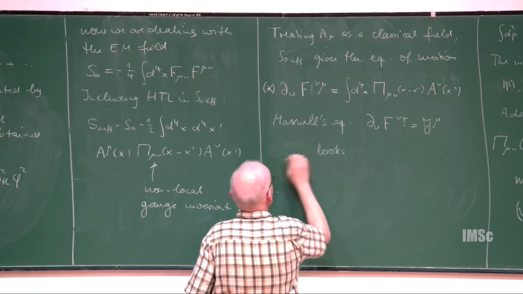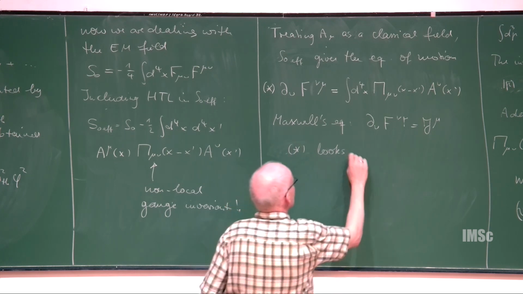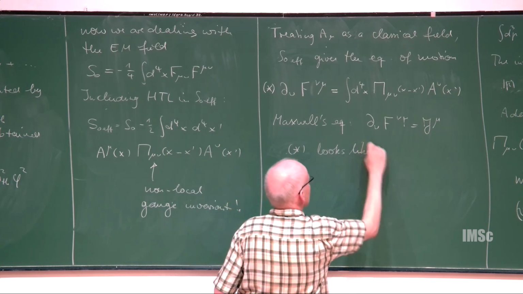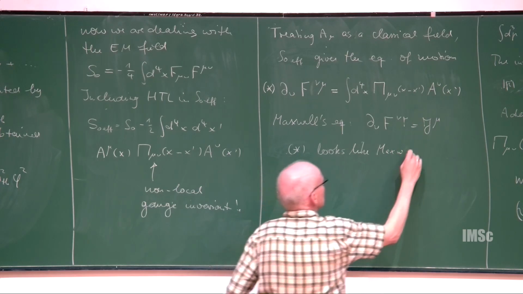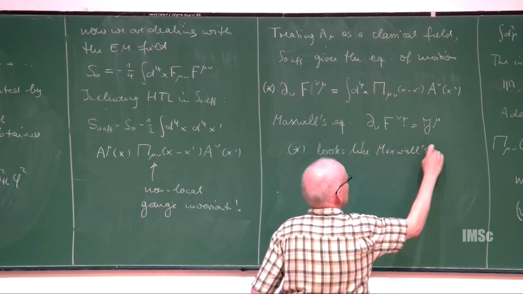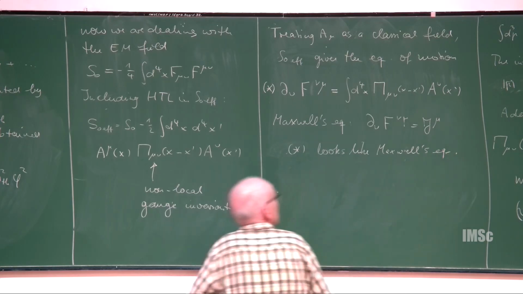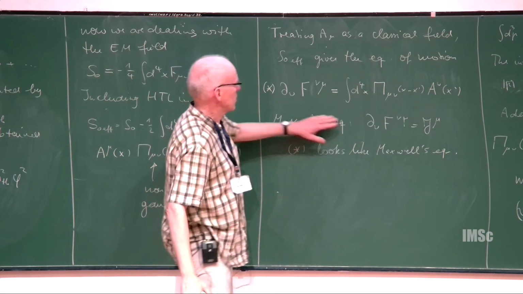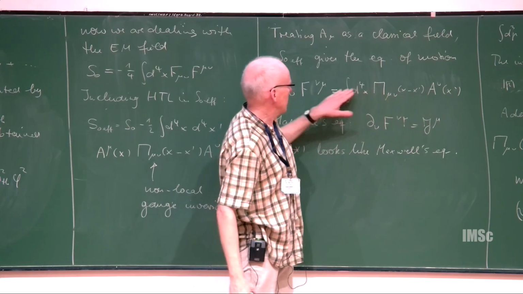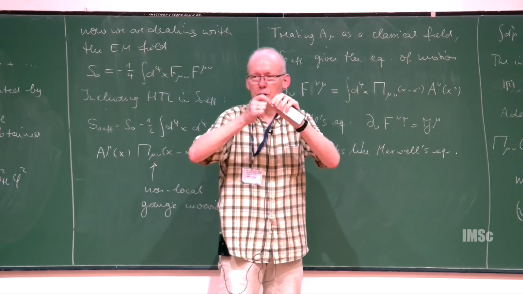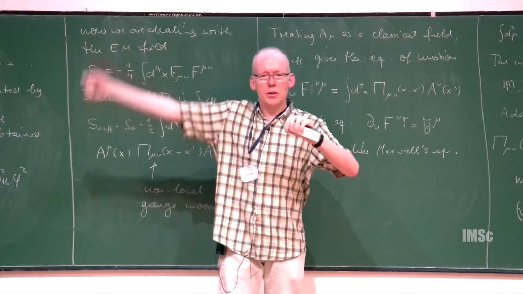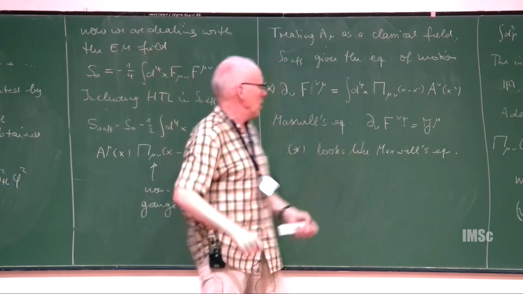So we can think of this as a Maxwell's equation which has a current J mu. So star looks like Maxwell's equation with a non-local current. There's a current which depends on the vector potential also, and it's non-local. So you have a current at some point x that also depends on the value of the vector potential at all other points.